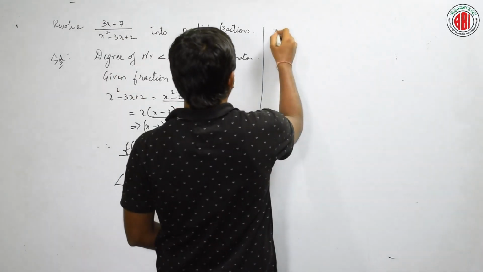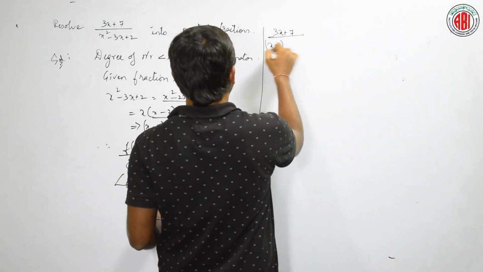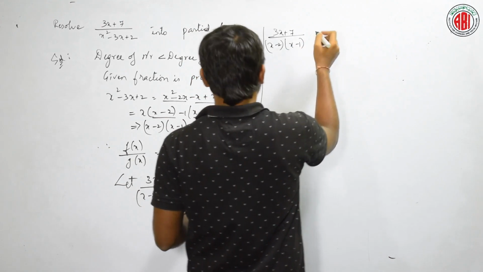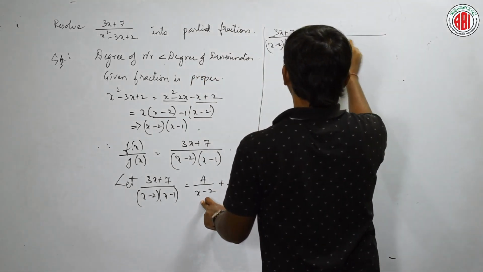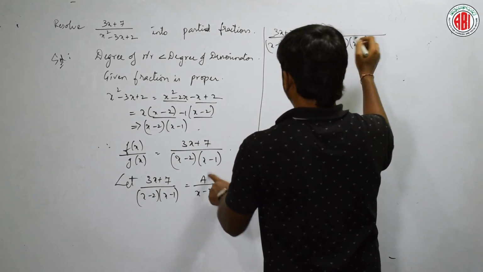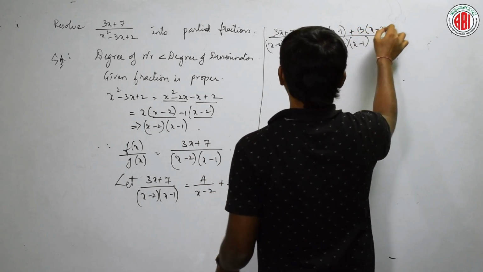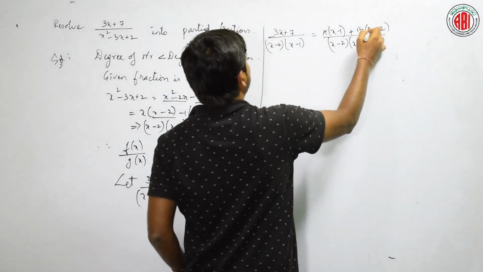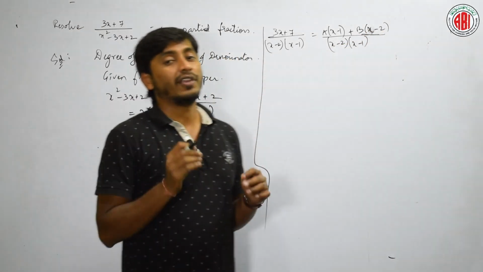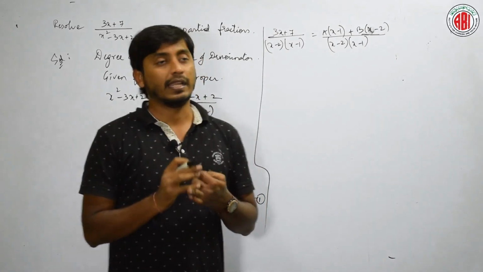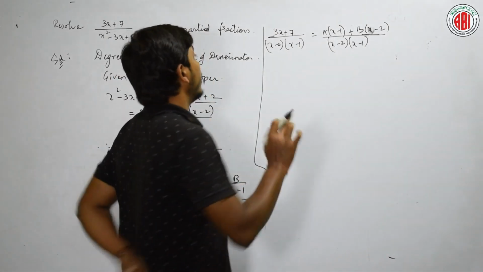What do we get? (3x plus 7) by (x minus 2)(x minus 1) is equal to, let us take LCM here, we will be left with (x minus 2)(x minus 1), cross multiply, a into (x minus 1), b into (x minus 2). What is the main thing we have to do here is, after cross multiplication and simplification, find the values of a and b and substitute it here. That is the only main theme.